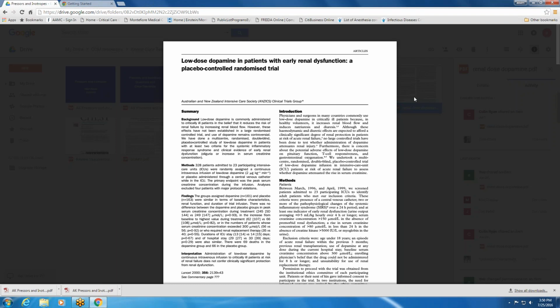Essentially, multiple trials showed that it was not nephroprotective. At low doses it's a natriuretic and diuretic agent, but it does not seem to reduce your risk for need for hemodialysis, for instance. So the idea of low or renal dose dopamine is pretty much gone in this day and age, I think.